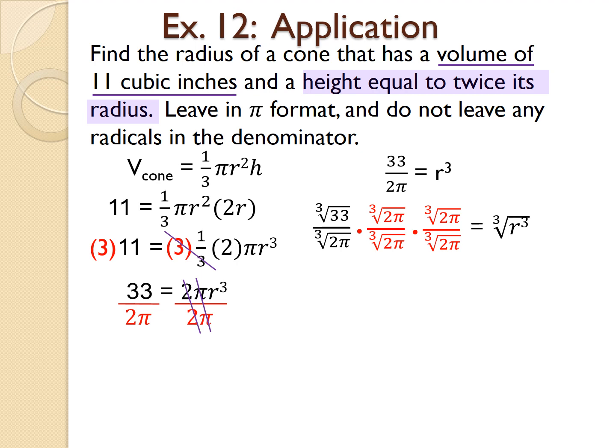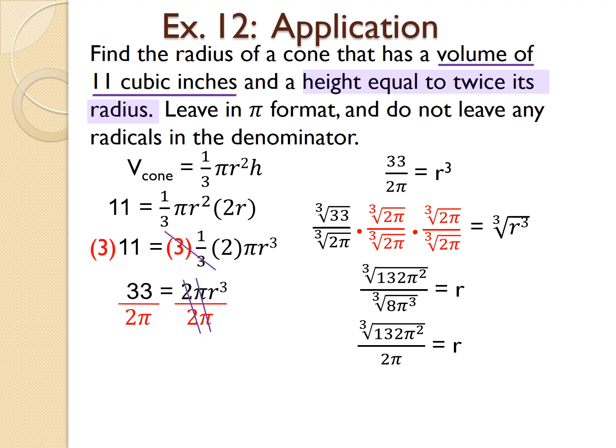So up top, I end up with, let's see, 33 times 2 is 66, 66 times 2 is 132 pi squared over 8 pi cubed. But on the bottom, that becomes 2 pi. Now, I can't simplify 132 over pi squared because that's 3 times 11 times 2 times 2.